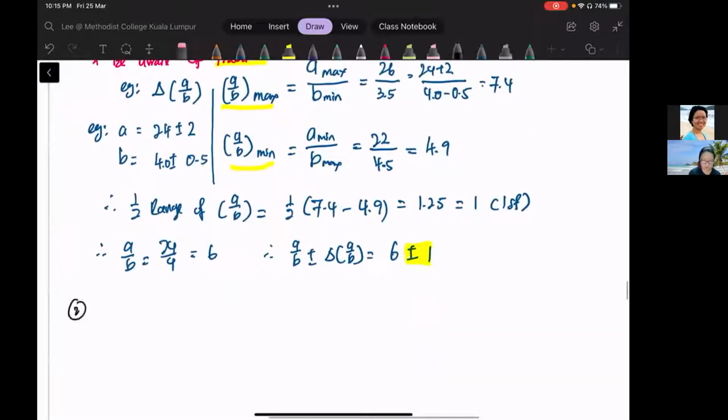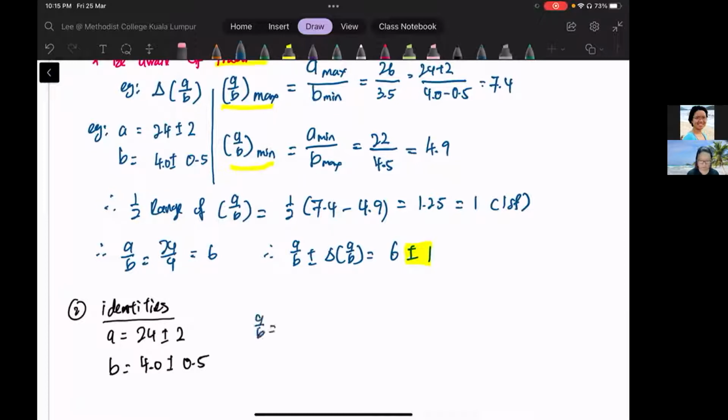Method number two, I will use identities. There's probably some of you whose brain is screaming, teacher, use identities, correct. So if I know A is equal to 24 plus minus 2, and B is equal to 4.0 plus minus 0.5, A over B is 24 over 4, which is 6.0, because we're going to stick to 2SF.